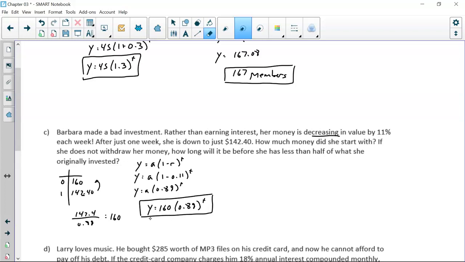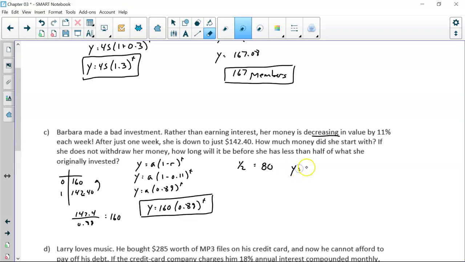Now, the next part is a little bit trickier. How long will it be before she has less than half of what she originally invested? Now, half of 160 is $80. So we're doing a little guess and check here.